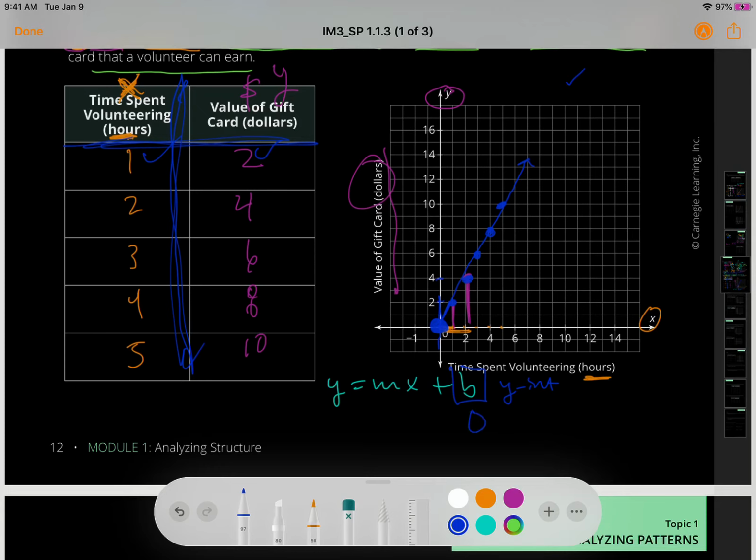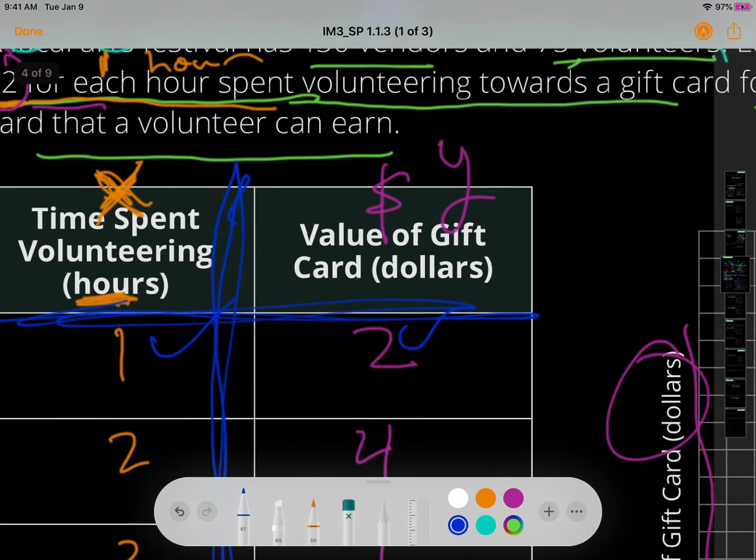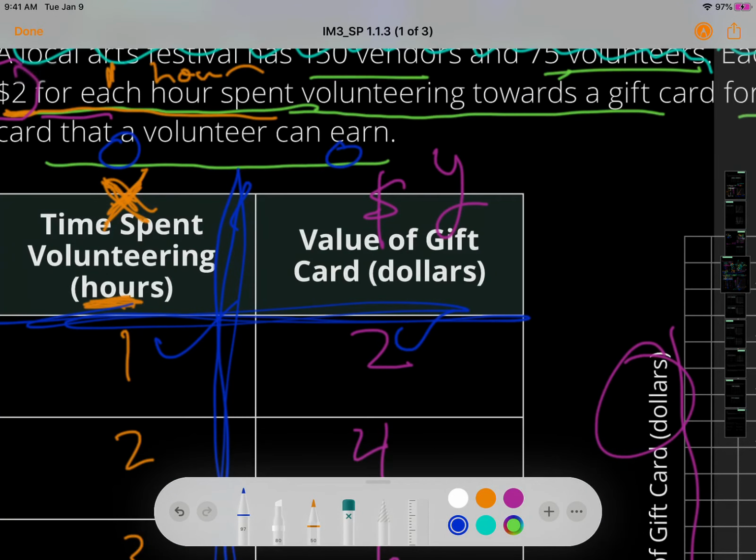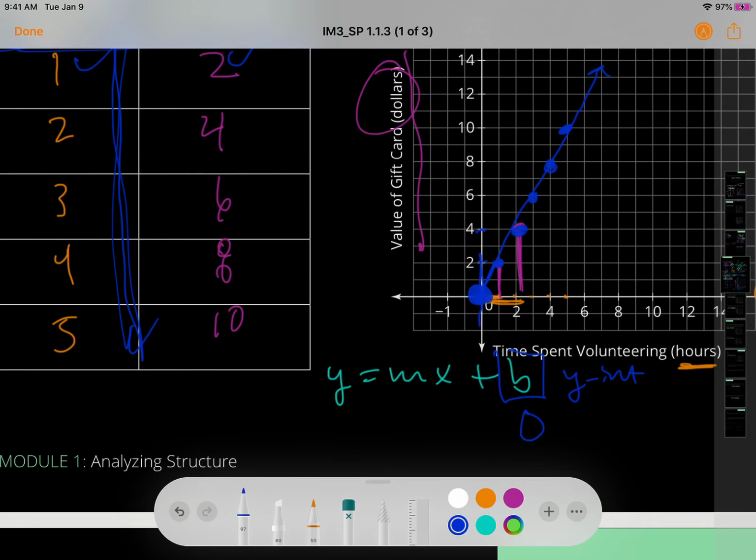Where is this on the table of values? You actually have to go backwards, and I like to write it up here: it would have been 0 and 0. So your y coordinate would have been 0. What stays the same as you're writing an equation is your y, the equal sign, and x. So how do I get an m value?